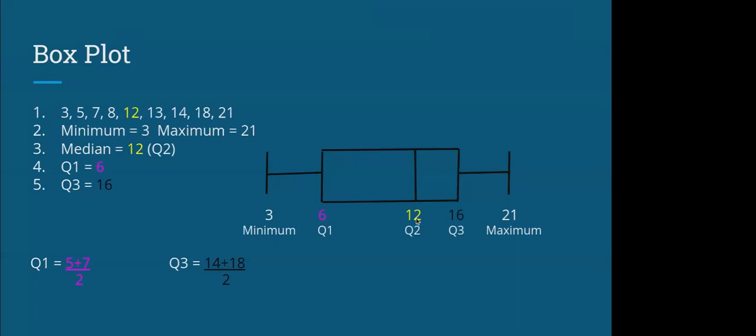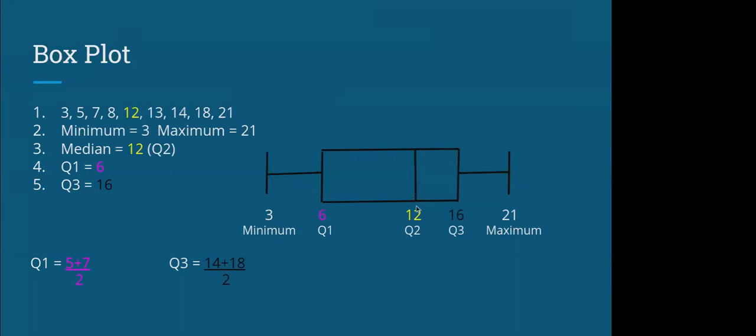Quartile 2 is 12. Quartile 3 is 16. And the maximum is 21. So the data stretches: 3 is the lowest, 21 is the highest. The middle of the data itself is 12.